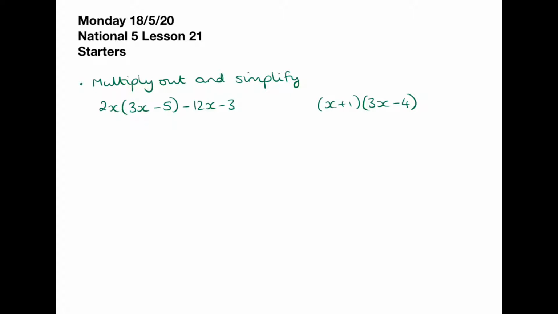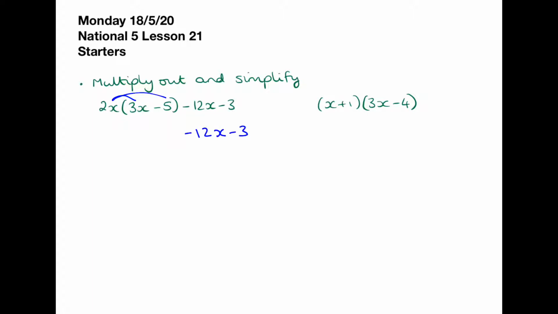Now remember, when we've got a bracket to multiply out, it's only the thing that's stuck to the bracket that needs to multiply the bracket. These two things don't belong to the bracket. So when we multiply out, we're going to do this, and then we've still got minus 12x and minus 3 on the end.